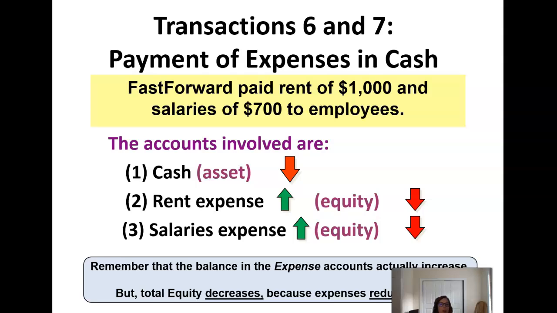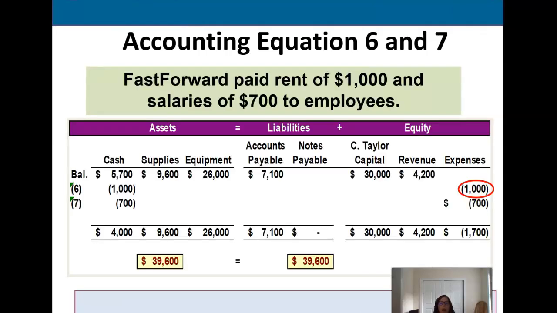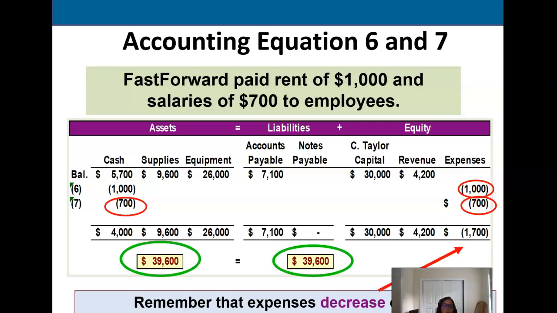Quite often you'll say, hey, but shouldn't expenses offset revenue? And the answer is yes, and we'll get to that. But right now we're going to record increases in the expense accounts for both of those items. And if you think about a little minus sign between that revenue and expenses, maybe it'll make a little bit more sense. But our accounting equation holds true.